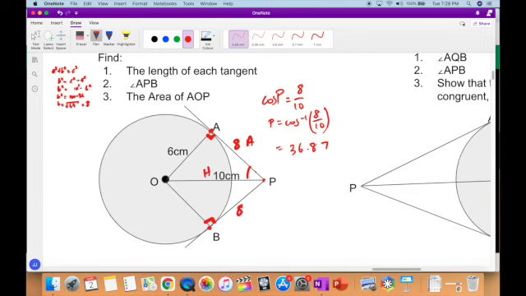So this small little thing is 36.87. Therefore, the angle APB is going to be 36.87 multiplied by 2, which is 73.74.